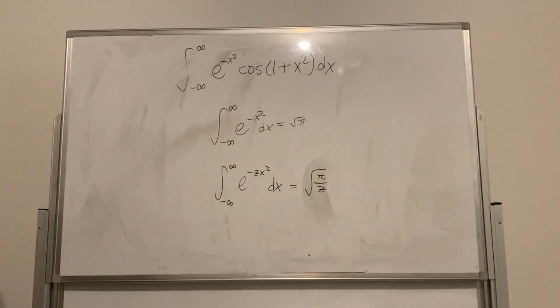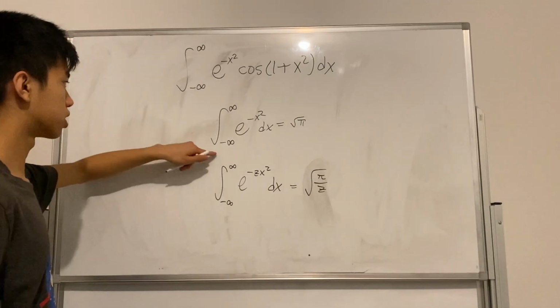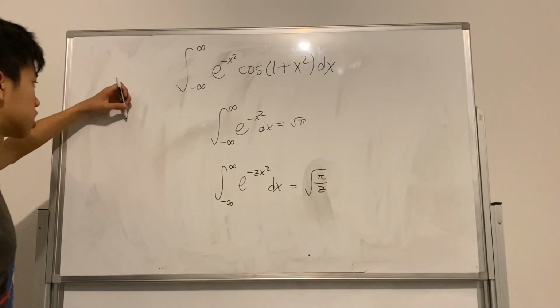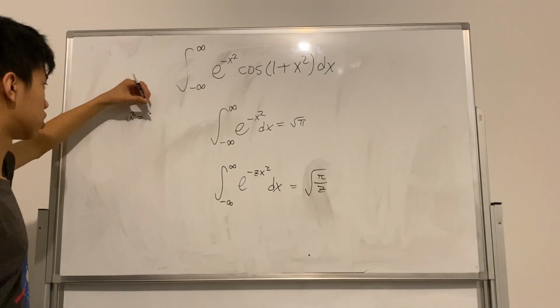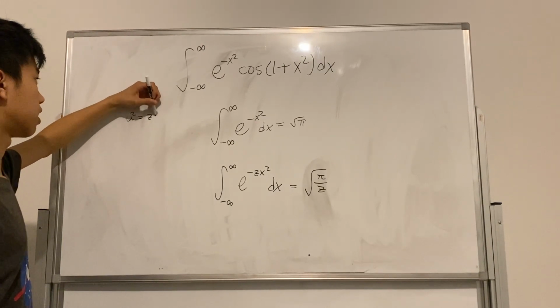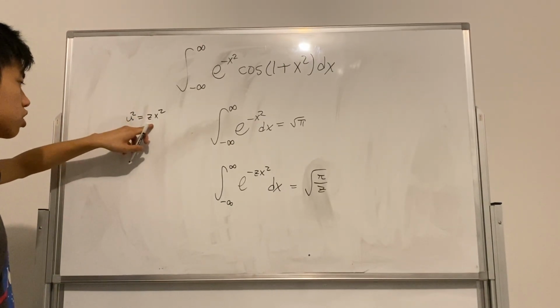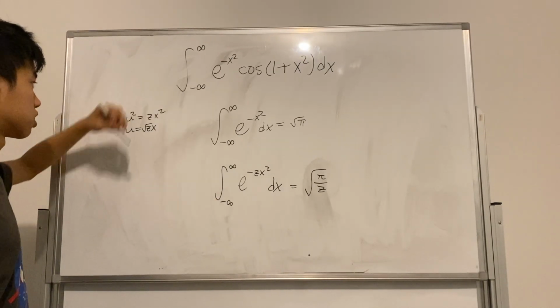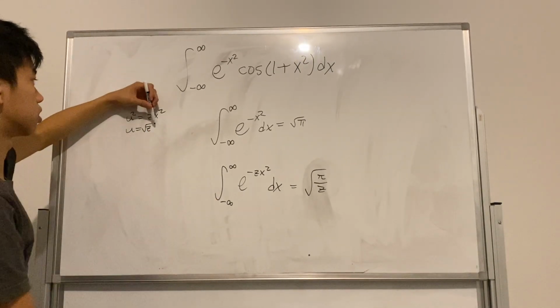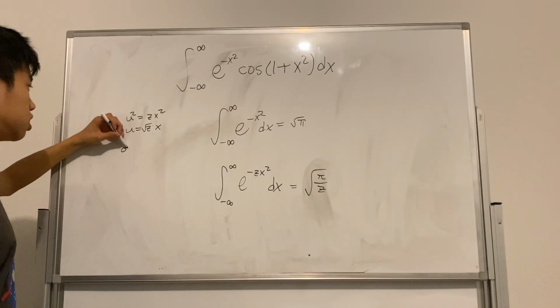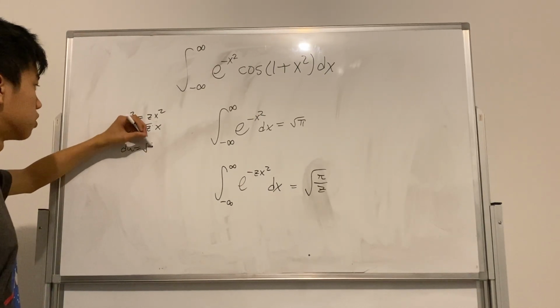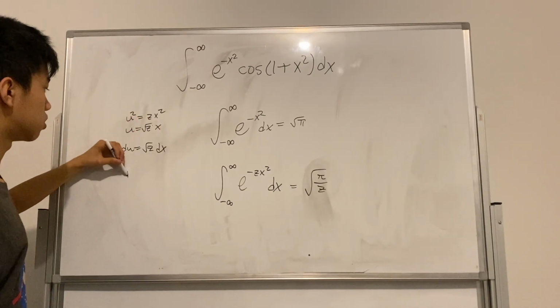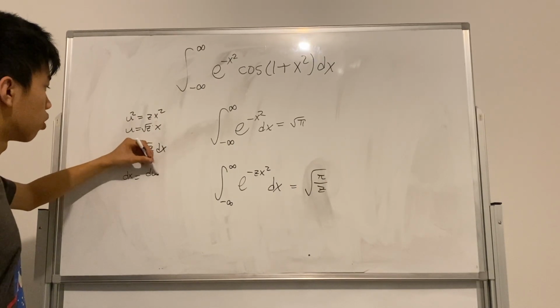The reasoning for this is a simple u substitution. We could set u squared equal to z x squared. So u is equal to square root of z times x, x is outside the square root, sorry. Then du would be square root of z dx, so dx would be du over square root z.